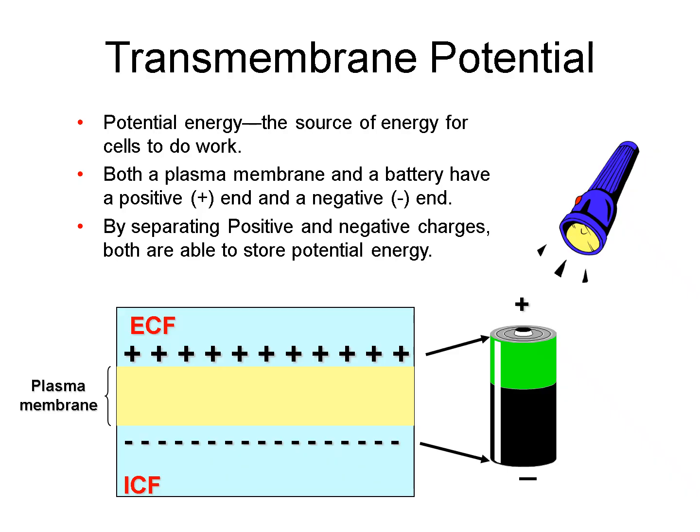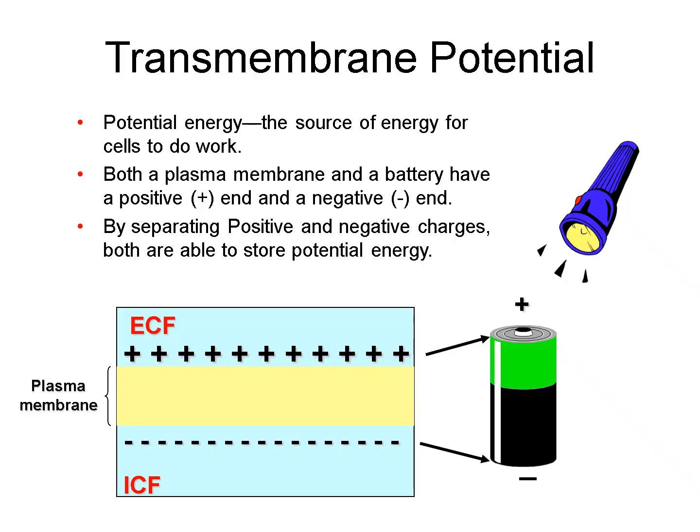The plasma membrane also has the ability to store potential energy so that the cell can do work when called up. In all living cells, the inside of the plasma membrane is negative and the outside is positive. This polarization of charge allows the cells to store potential energy so that the cell can do its job. We can liken the electrically polarized plasma membrane to a battery.